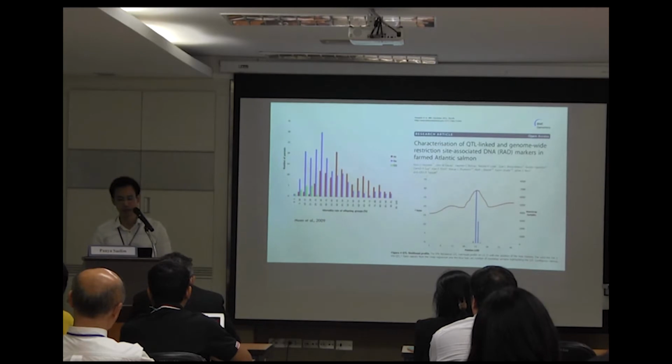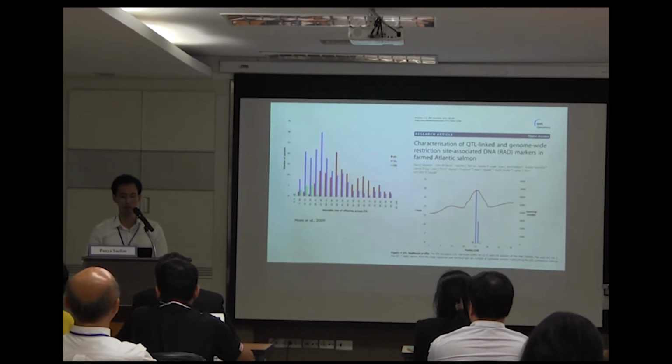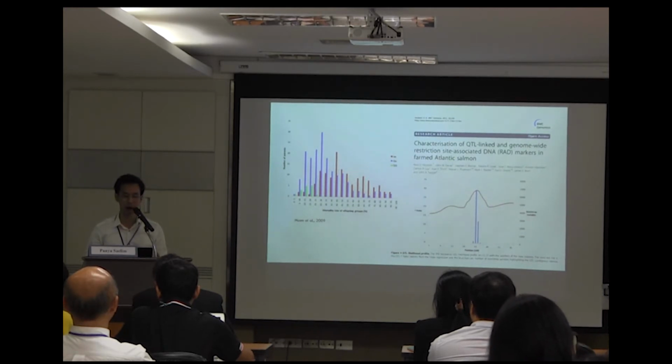So if you're looking at the association between the markers and the phenotype, looking at the graph on the left-hand side, you see the different distribution between just a single marker, the big Q and the small q.